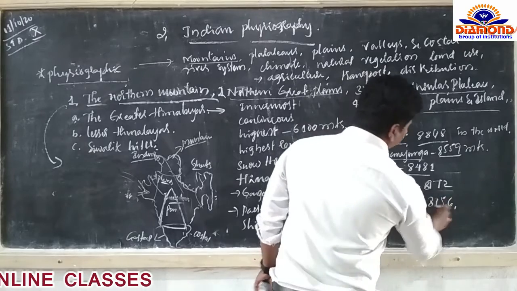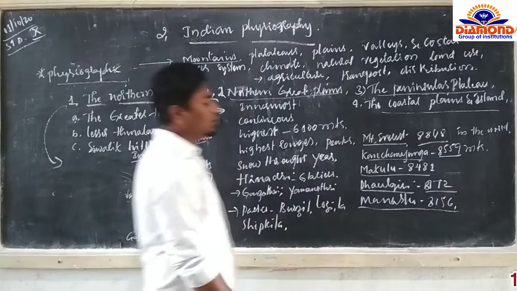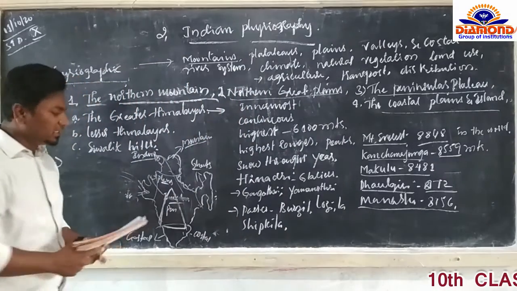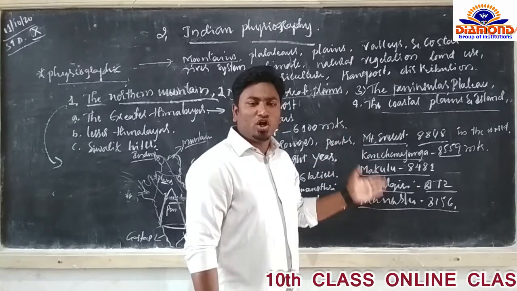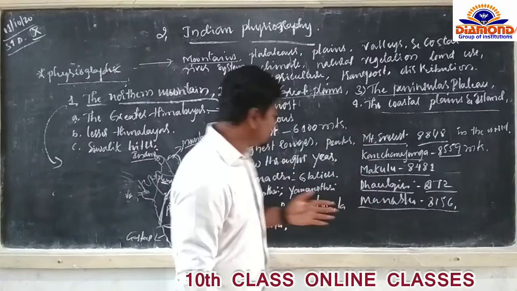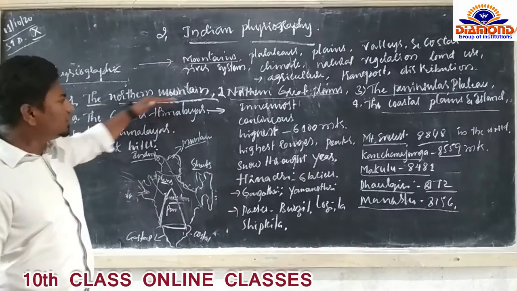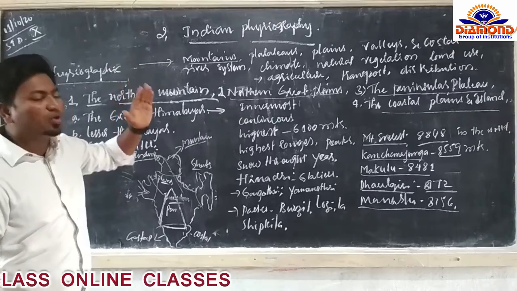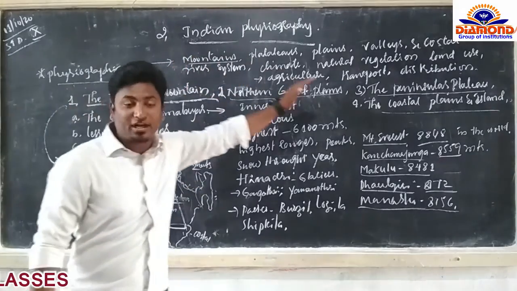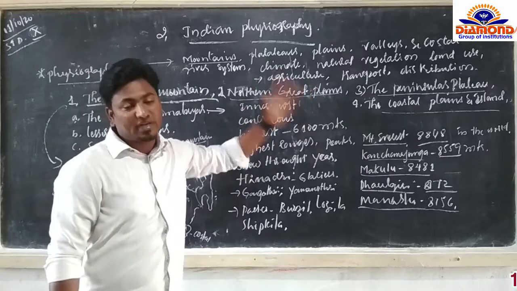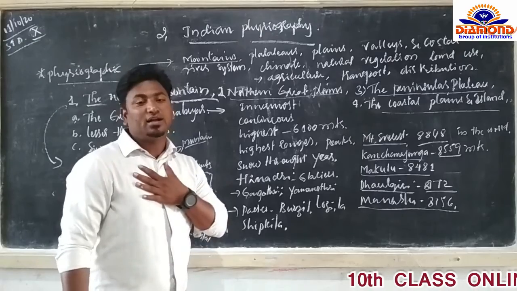These are the highest ranges of the Greater Himalaya. So overall, the northern mountain ranges hold the world's highest mountains, which come in Indian physiography. The world's highest mountain comes to our country.